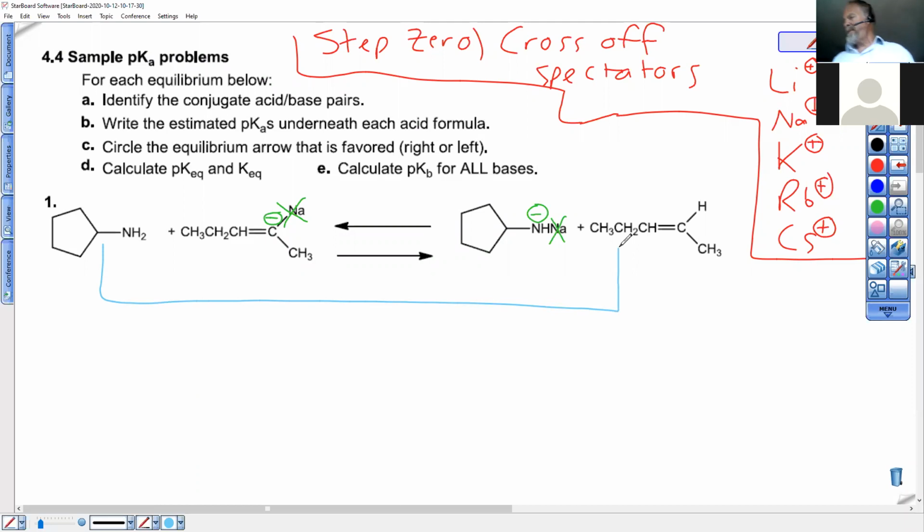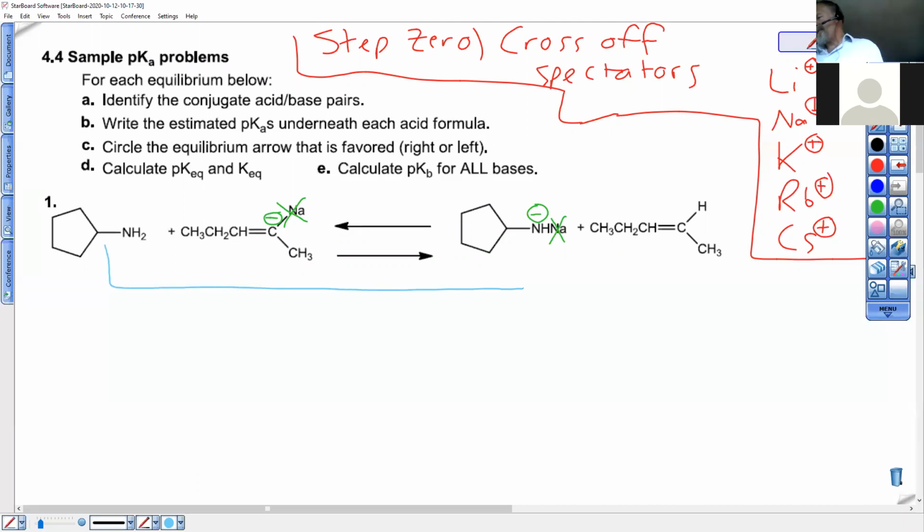You connected things that are different by way more than H+. These are different by only H+. And after you've done that, don't worry about the order A, B, C, D. Look at those two. Which one of those has the extra proton? Yes, the one on the left. It has the extra proton.